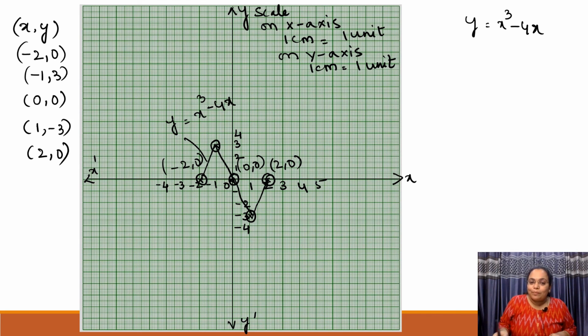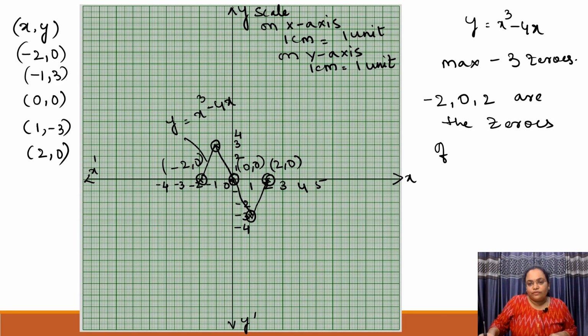So the cubic polynomial has a maximum of 3 zeros, right? So in this case, what are the zeros of this cubic polynomial? Minus 2, 0 and 2 are the zeros of the given polynomial.